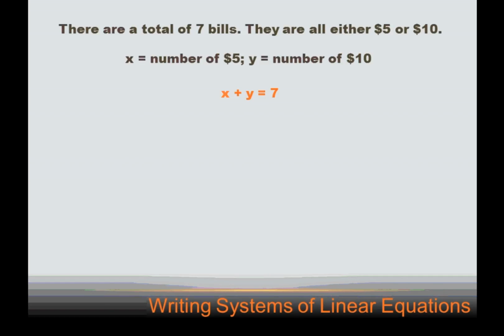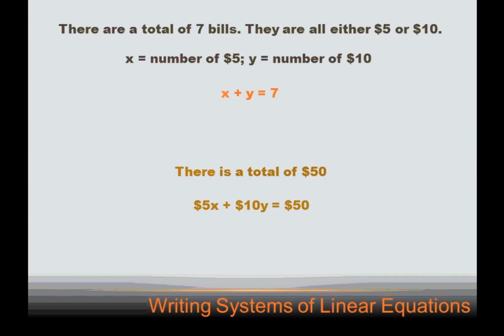Well, that's a start. We know one thing. Now, what else do we know? Well, we know that he had a total of $50. And we know that that $50 had to be some combination of $5 bills and $10 bills. Some number of $5 bills plus some number of $10 bills equals $50.